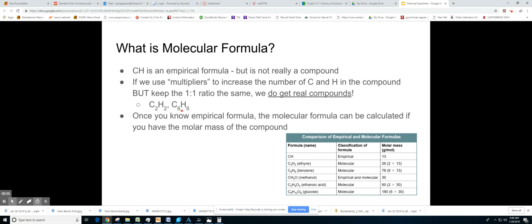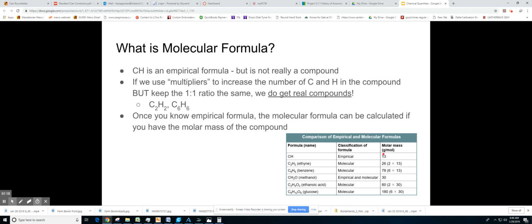So the difference here is that as I'm adding mass, and as I'm adding elements, I'm always adding the same ratio of elements. And then once I know an empirical formula, I can calculate the molecular formula if I have a molar mass, okay? For example, my CH empirical formula has a molar mass of 13.